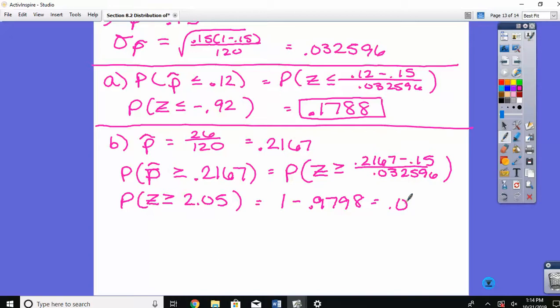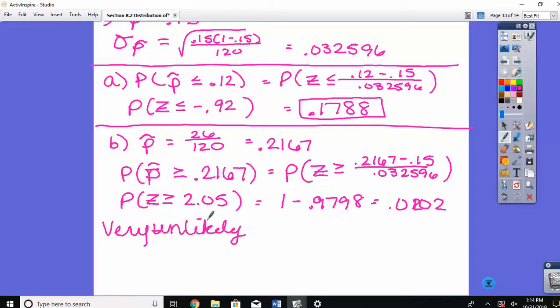Plus 0.0102. Oh, I have the exact opposite because I looked at the negatives. Oh, no. 0.0202. So this means it is unusual. It's very unlikely.